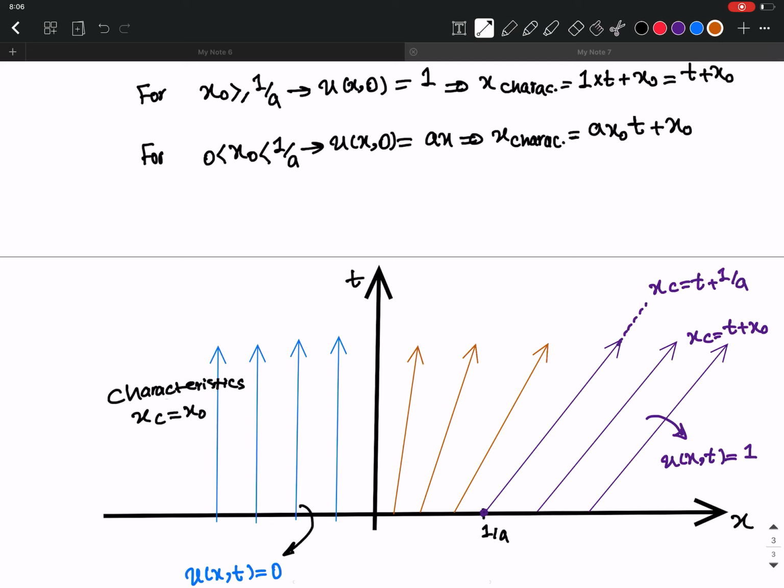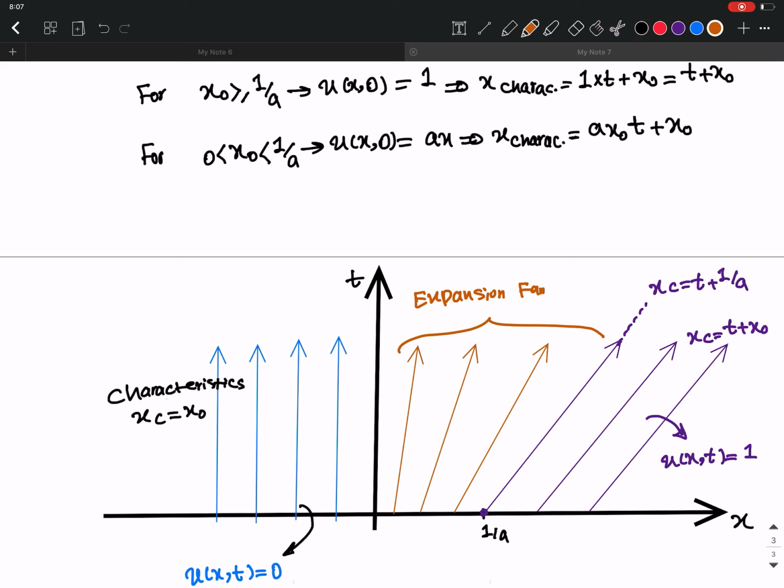Okay, so this is going to be varying over this region. We call this region the expansion fan, the expansion function.